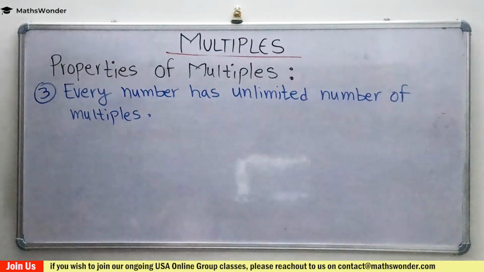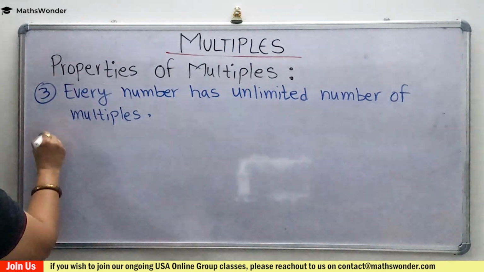And every number is a multiple of each of its factors. This is the last property.